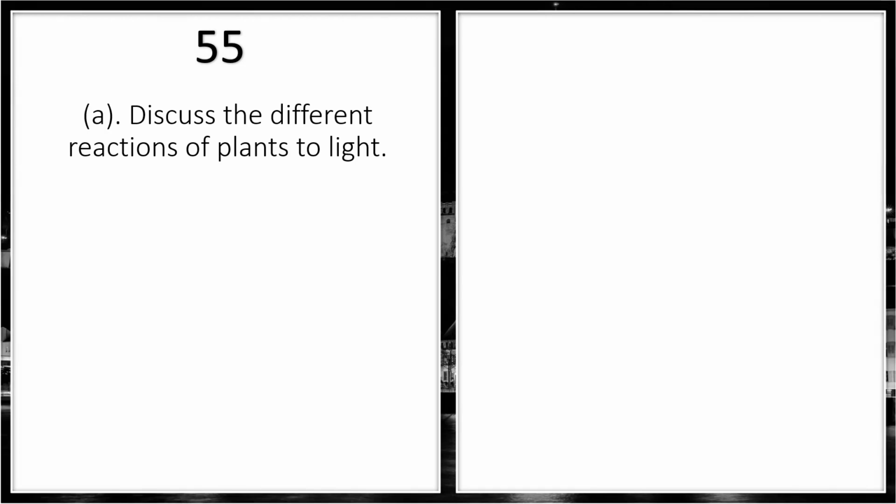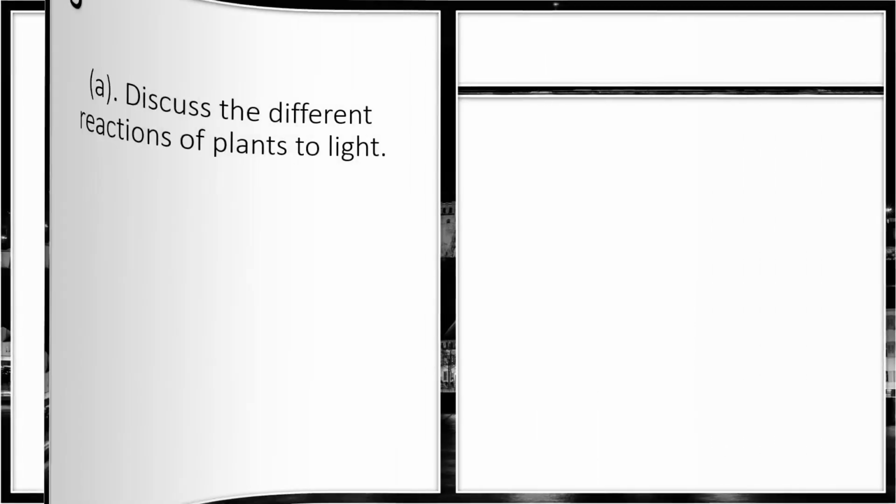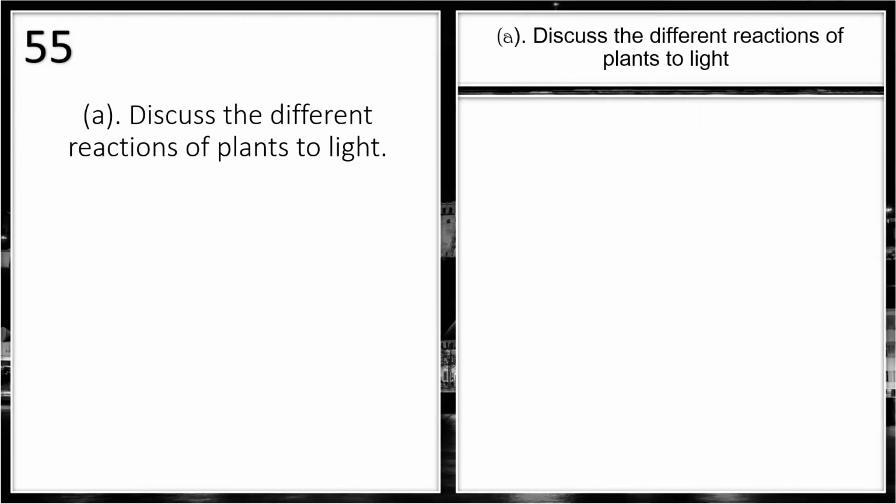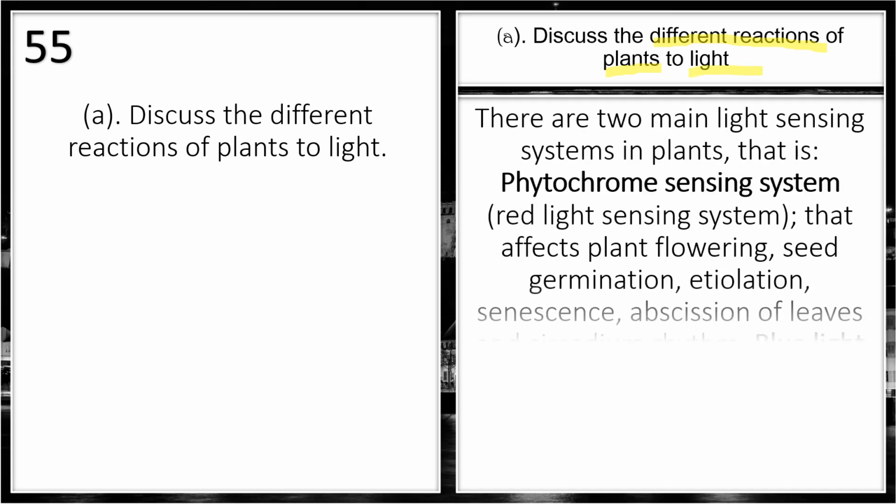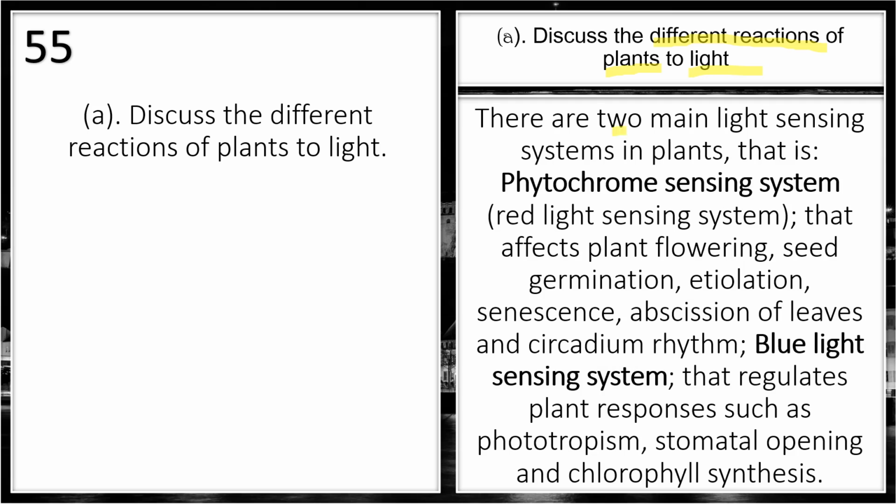Question 55. Discuss the different reactions of plants to light. There are two main light sensing systems in plants.